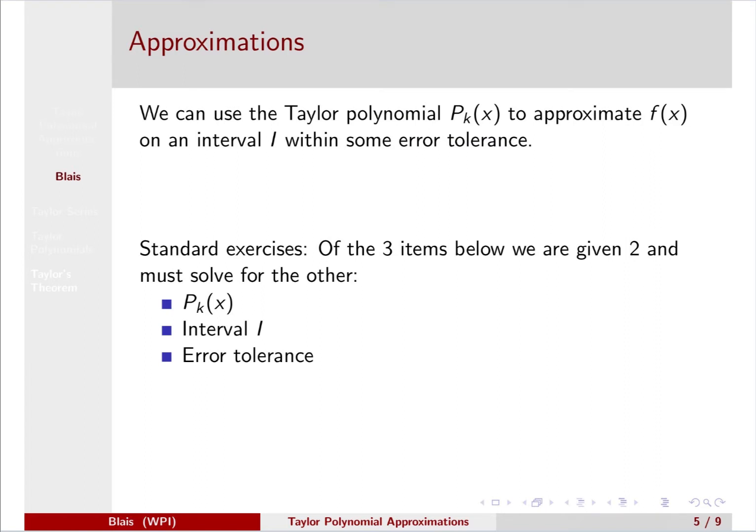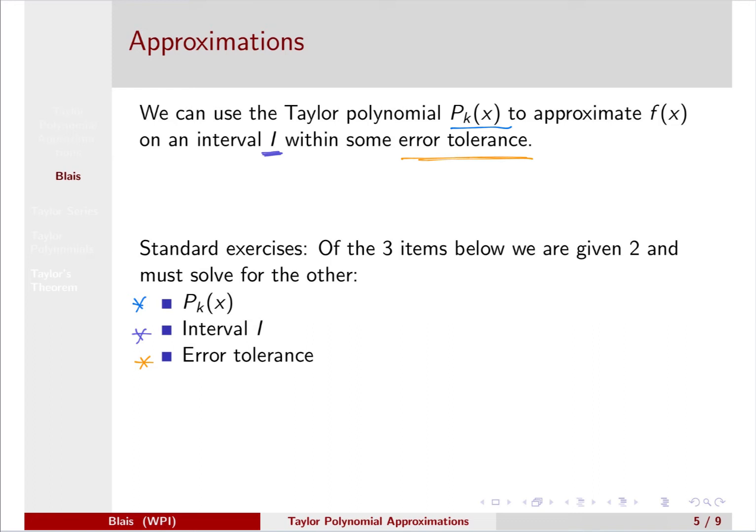So let's look at the types of problems that we work with dealing with approximations. We can use that Taylor polynomial as the approximation for f on an interval I with some error tolerance. And the key thing to recognize here is there are 3 different items in this theorem. First, we have the approximation itself. Then we have the interval I. And finally, the error tolerance.